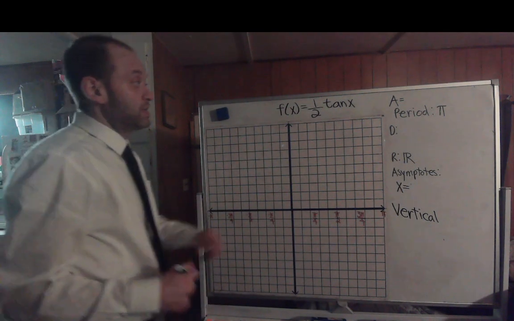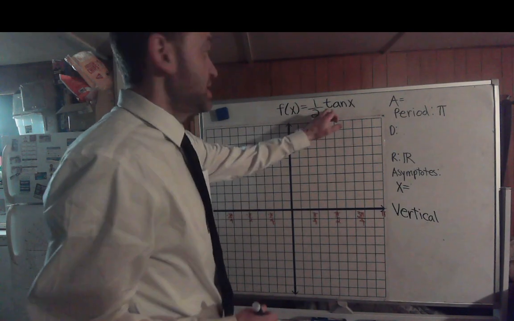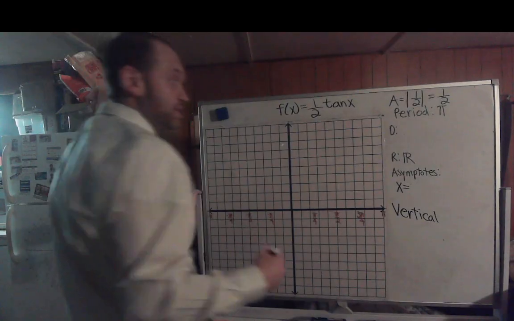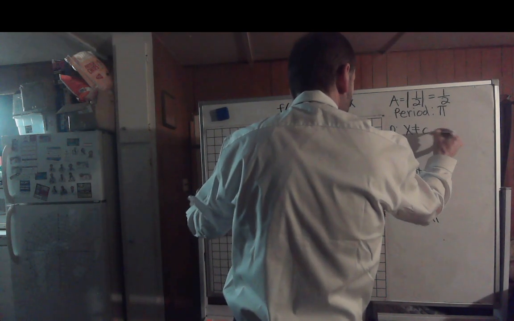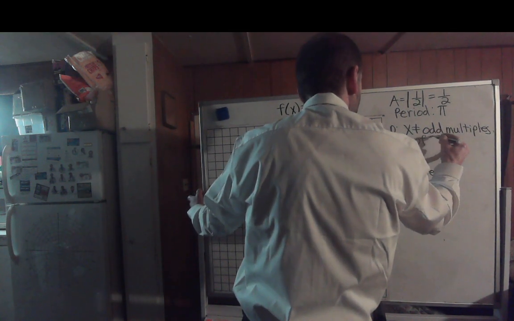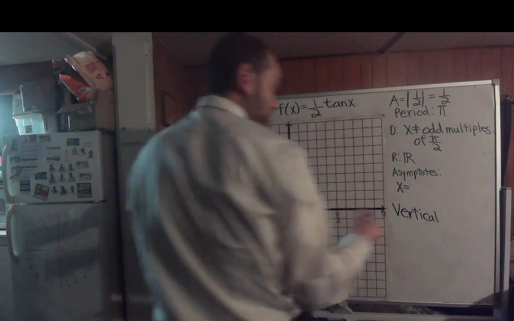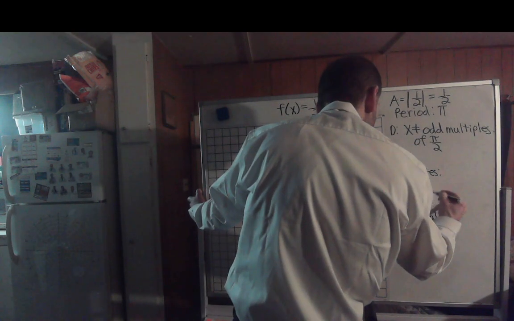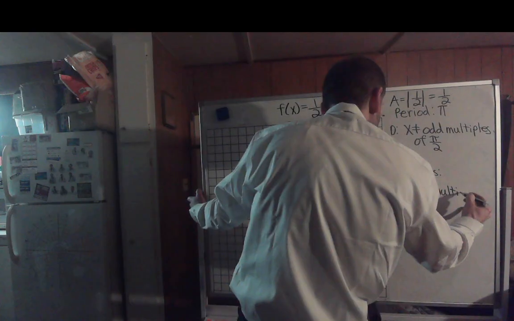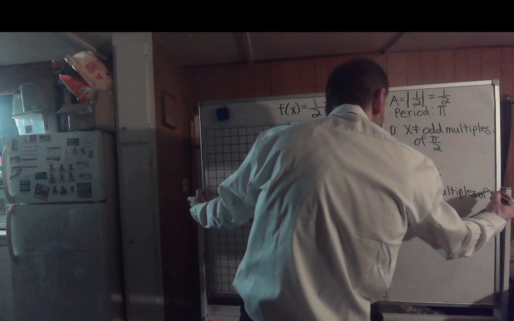So again, let's look at the amplitude. The coefficient on tangent is 1/2. So the amplitude is going to be the absolute value of that 1/2, which would give you an amplitude of 1/2. The period's still pi. The domain, so that's x not equal to those odd multiples of pi over 2, which is going to produce vertical asymptotes where x equals those odd multiples of pi over 2.